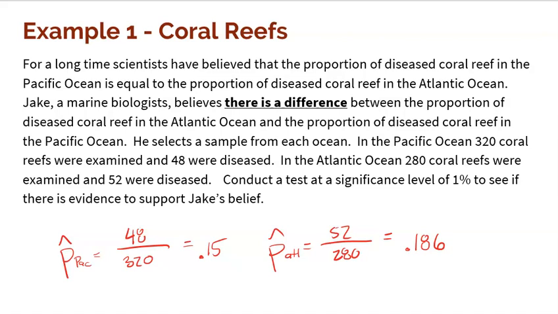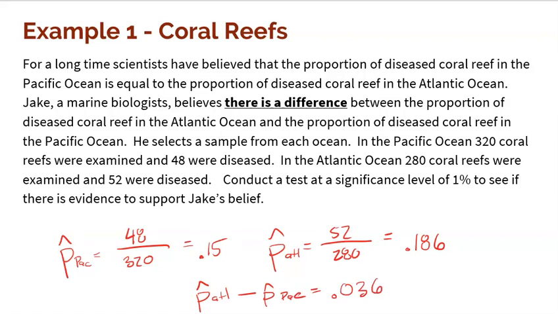And I always like to get a positive difference, but it really doesn't matter. You can go in any order you want. But if I do the Atlantic sample minus the Pacific sample, I get a difference of 0.036.